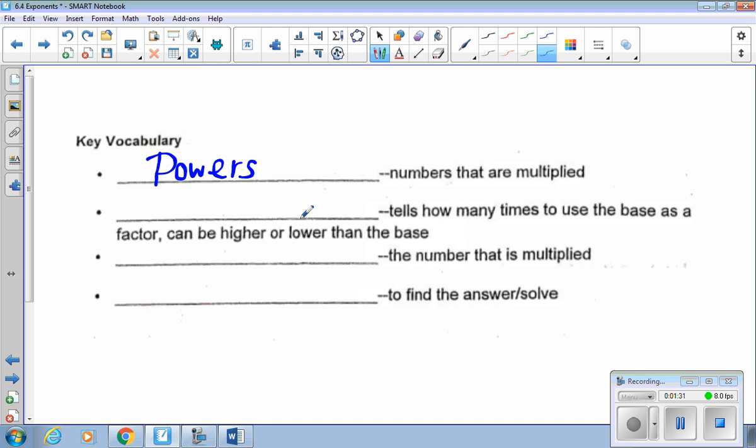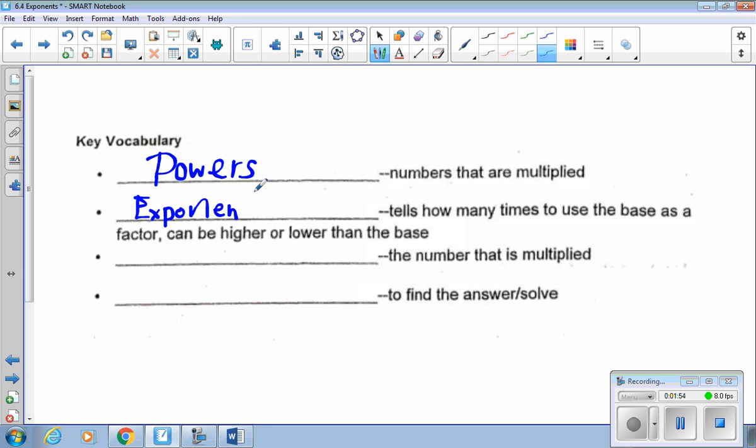The second vocabulary word that you probably are familiar with by now is exponent. An exponent is the number that tells you how many times a base is multiplied or used as a factor. The exponent can be higher, or it can be lower than the base.